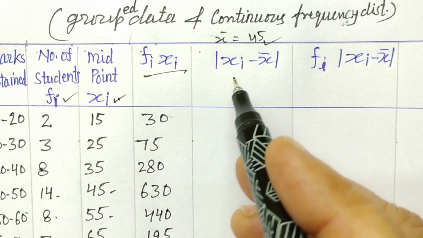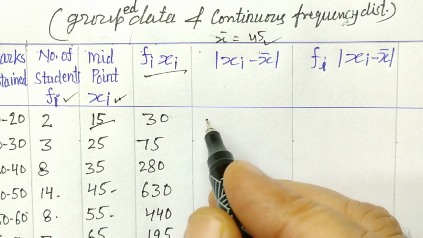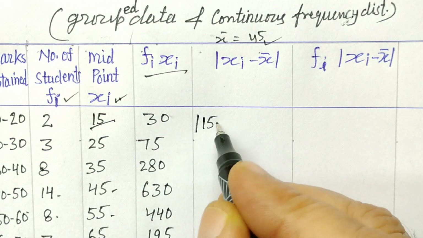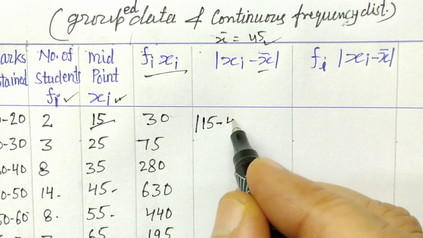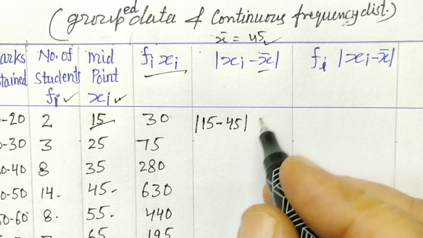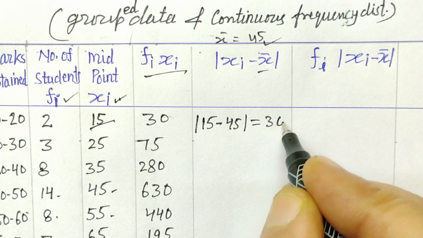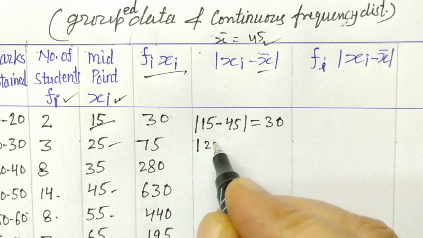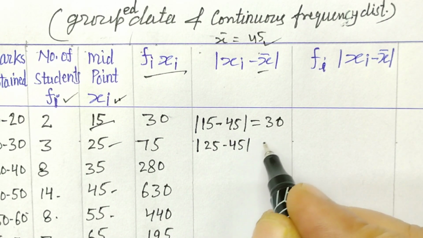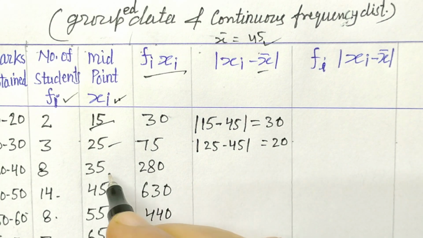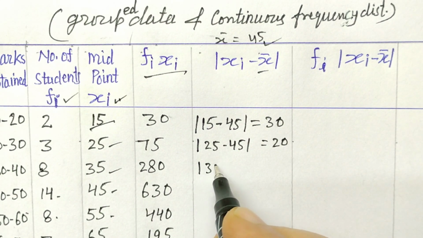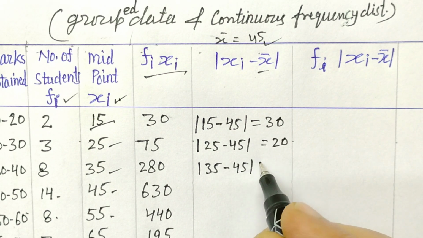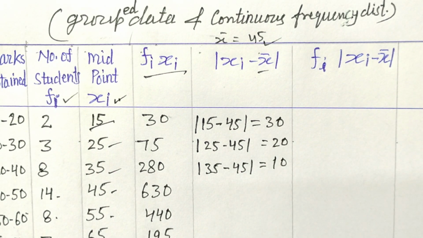Now Xi: mod of 15 minus X bar 45 is equal to 30, and 25 minus 45 is equal to 20, and mod of 35 minus 45 is equal to 10, right?